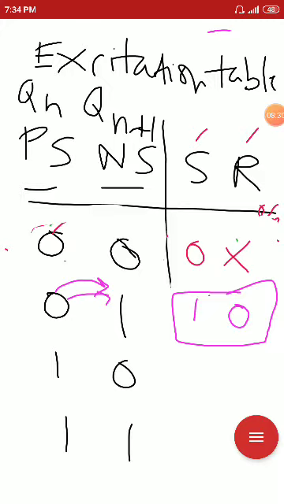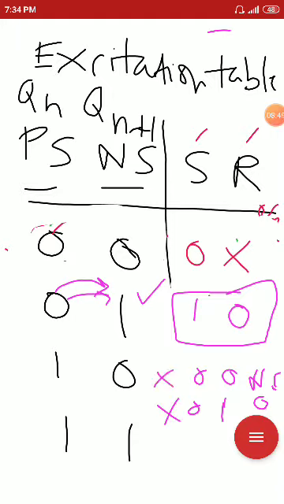All other remaining conditions: 0 0 means no change, so it is not possible. Then 0 1 means the output will be 0, but here the output is not 0, it is 1, so this is also not possible.